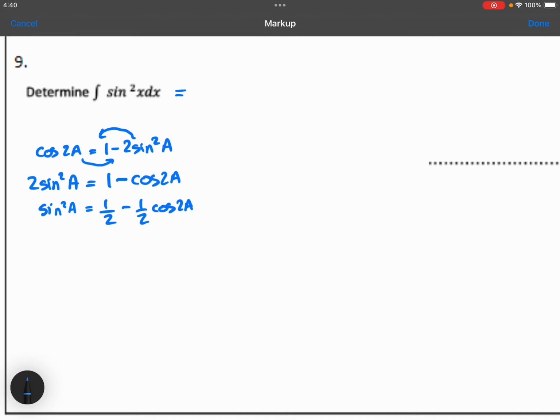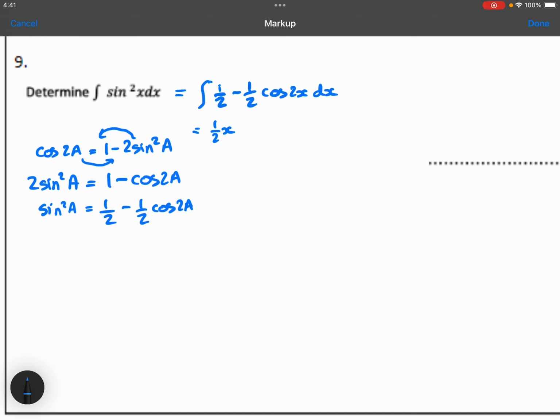That allows me to change this integral. So instead of being the integral of sine squared x dx, it's going to be the integral of 1/2 minus 1/2 cos 2x dx. The half at the front there will integrate nicely to be a 1/2 x.